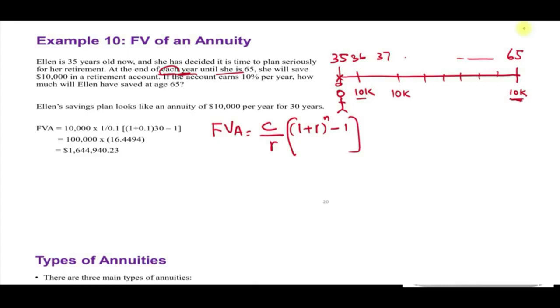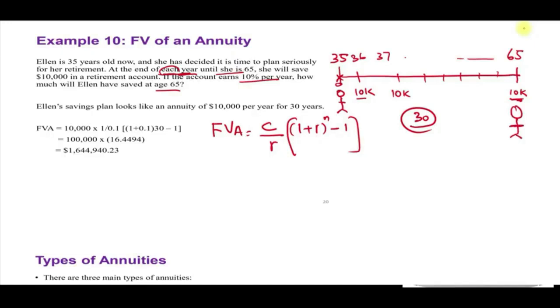She will save 10,000 in the retirement account, and the account earns 10% per year. How much will Ellen have saved at age 65? So 35 to 65, how many years? That is 30 years. We need to find the future value of how much she will have when she is retiring at the age of 65.